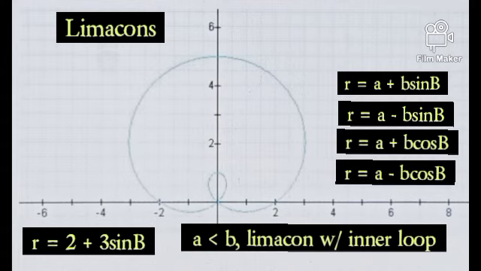An example is the polar equation r = 2 + 3 sin θ. The graph of that polar equation is a limacon with an inner loop because a is less than b. Specifically, 2 is less than 3.